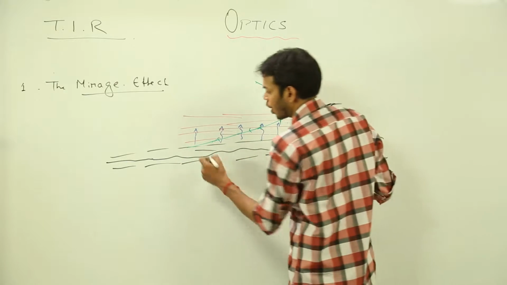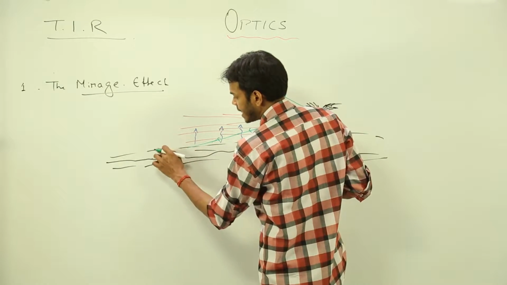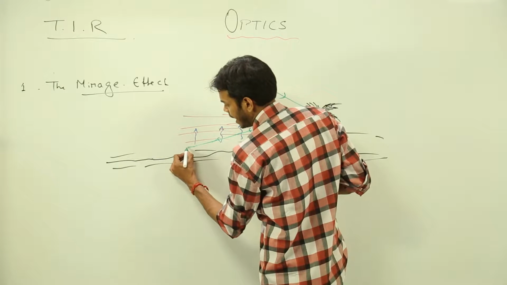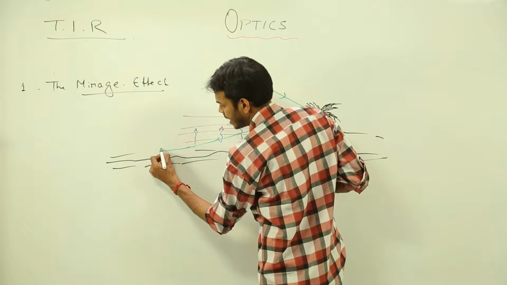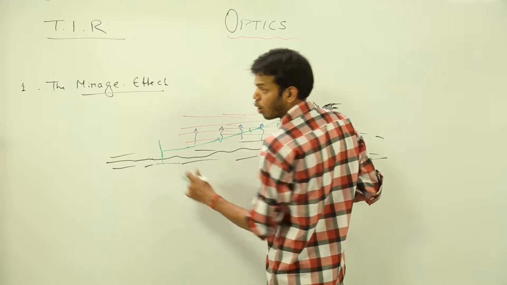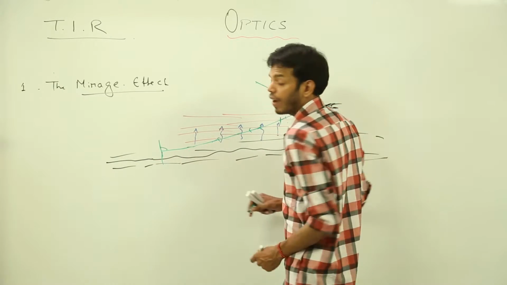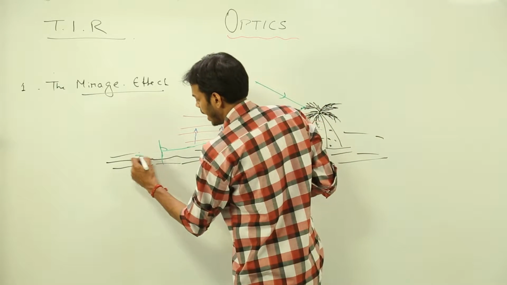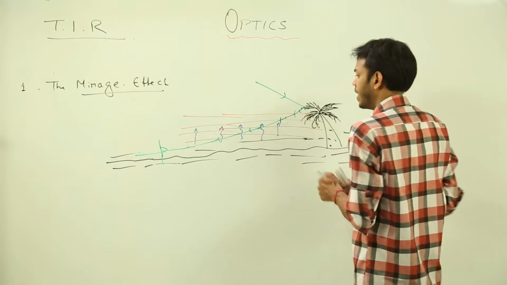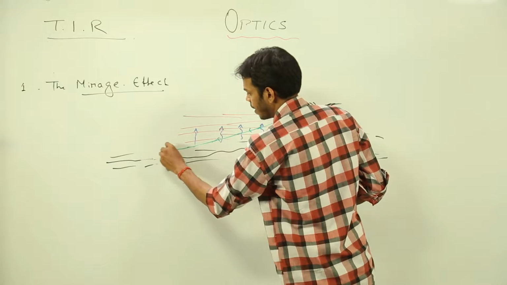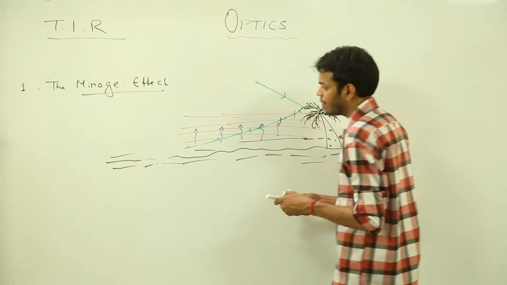So in that process, what happens? This ray which is incident on the ground or on the sand, it is incident at such an angle as if it is almost grazing the land. This is the angle of incidence when it hits the land. I'll make this point here so it will be more prominently visible.